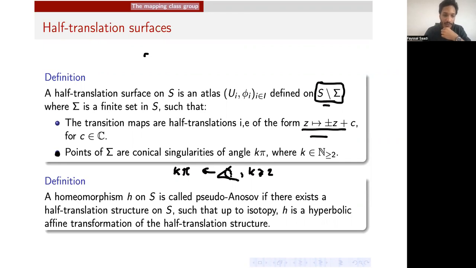And now a pseudo-Anosov homeomorphism is a homeomorphism, and after you take an isotopy, you can make h a hyperbolic affine transformation on a half translation surface.